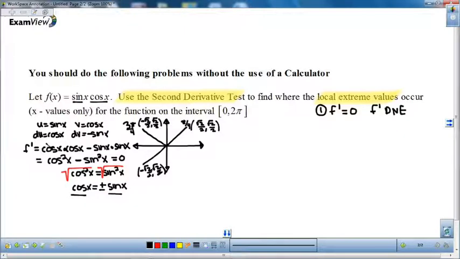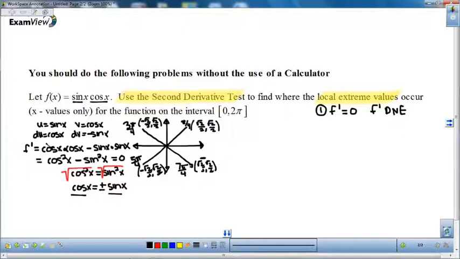Since this is 3 out of 4, this is 4 out of 4, so this has to be 5 out of 4. And then the last one is going to be a positive and a negative. So 5 out of 4, 6 out of 4, so this one's 7 out of 4. Or you could have also done negative pi over 4 for 7 pi over 4.